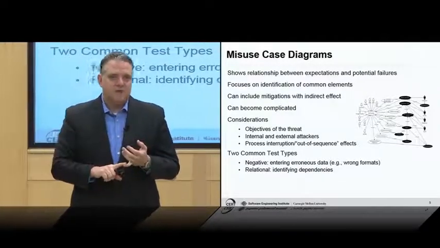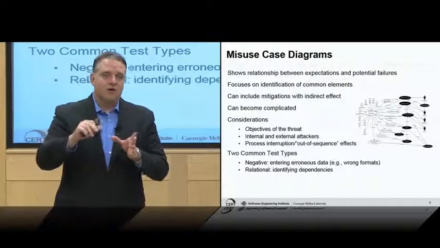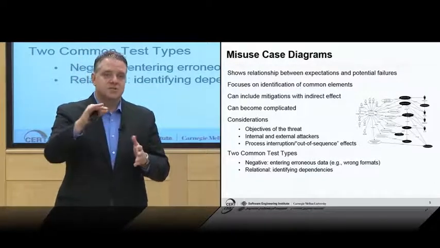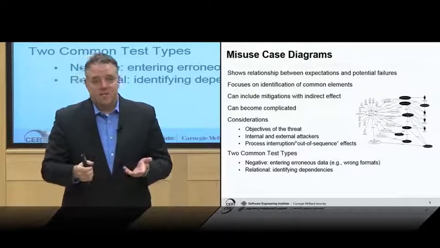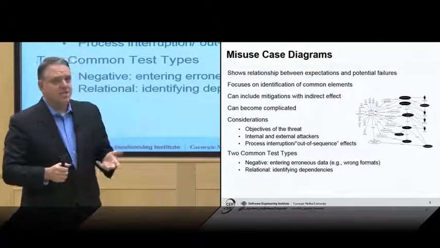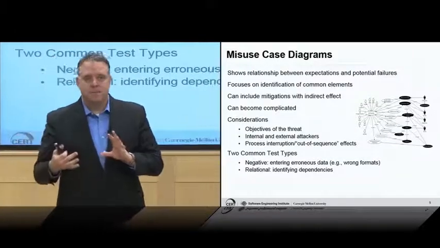You can have mitigations in here with indirect effects. So if there are security controls you've put in place within the application, you can test those as well through a misuse case diagram. As you can see from the example here on the screen, a misuse case diagram could get incredibly complicated, incredibly big.